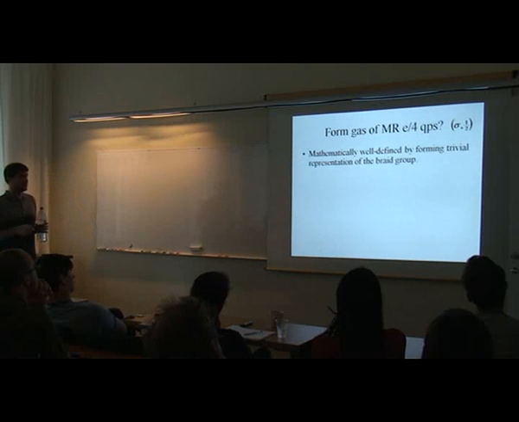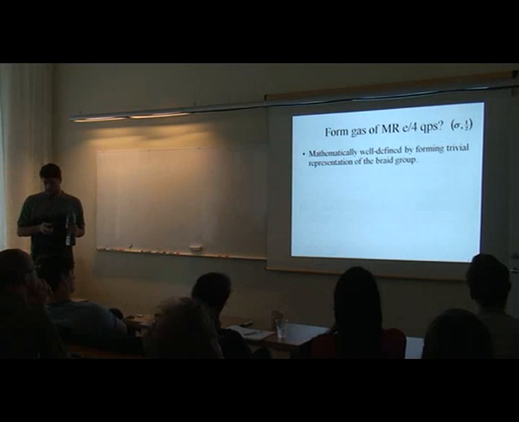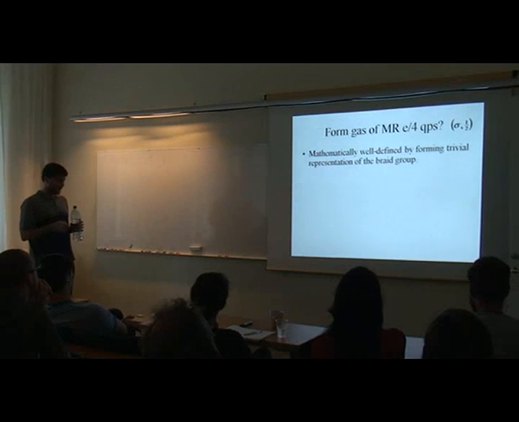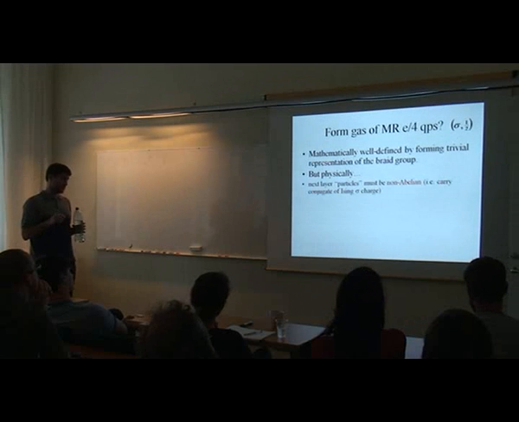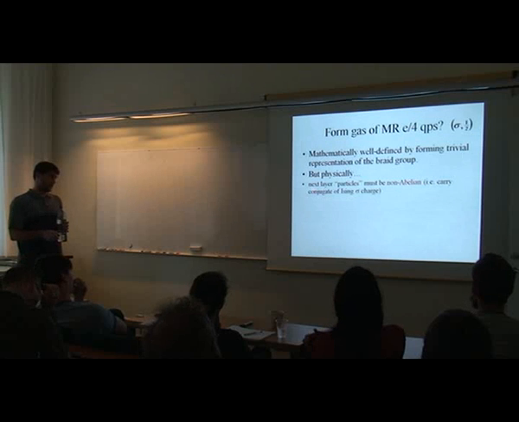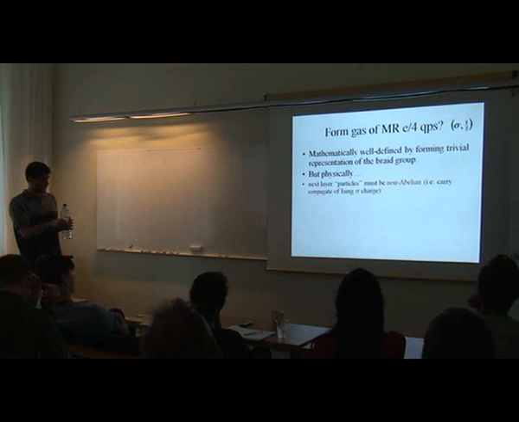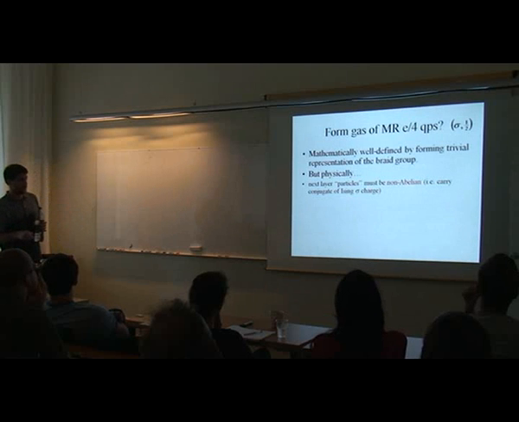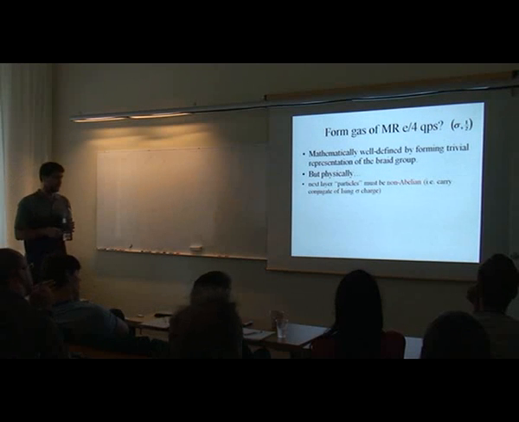So, we can think about what happens if we just wanted to form a gas of these e/4 non-abelian quasi-particles. And actually, you can do this in a mathematically well-defined way, like we did before, by forming trivial representations of the braid group. However, physically speaking, there are problems with trying to approach this in this way. If you just try and form a gas of these e/4s and condense them, then the electrons of the next layer have to be non-abelian in order to compensate for the fact that these quasi-particles are non-abelian.